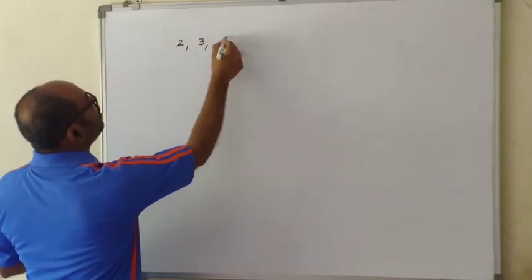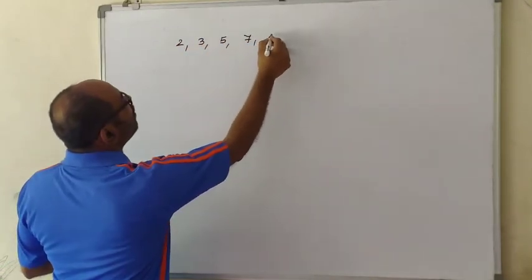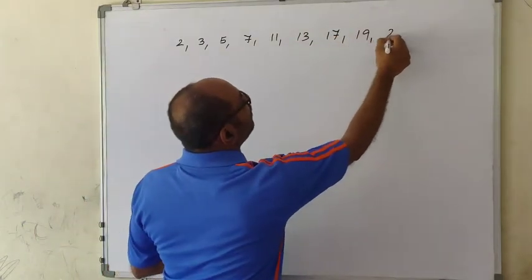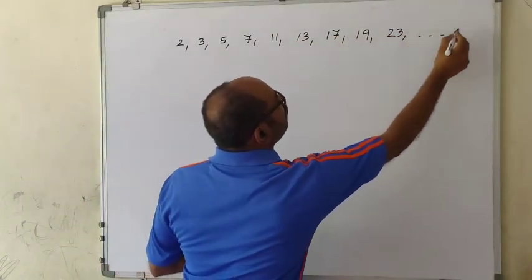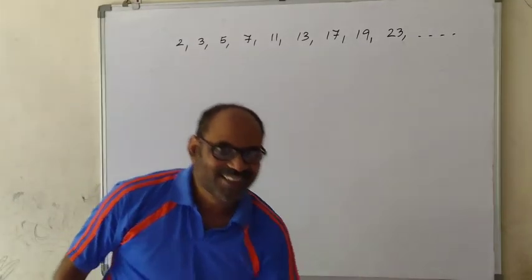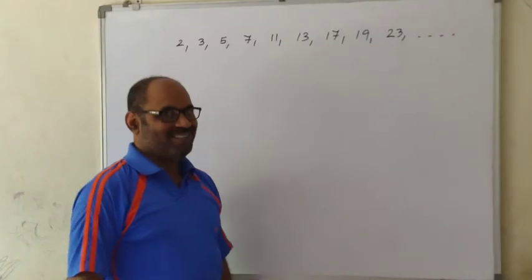2, 3, 5, 7, 11, 13, 17, 19, 23 and so on. What are these? Prime numbers? Correct.